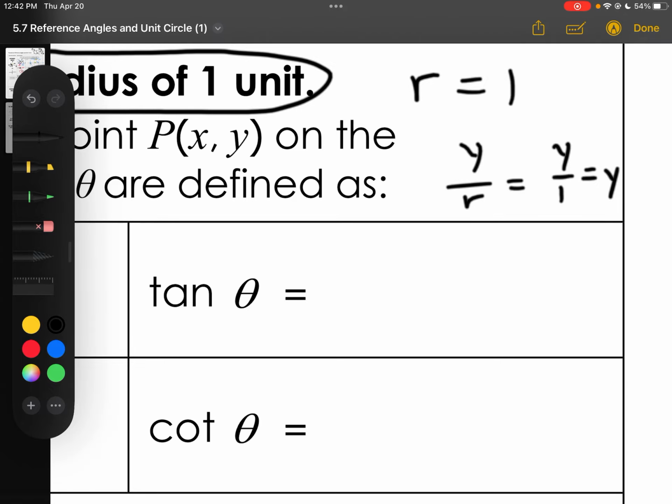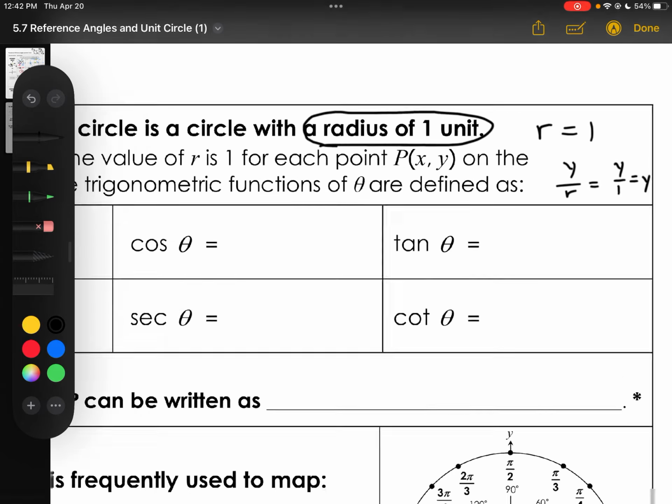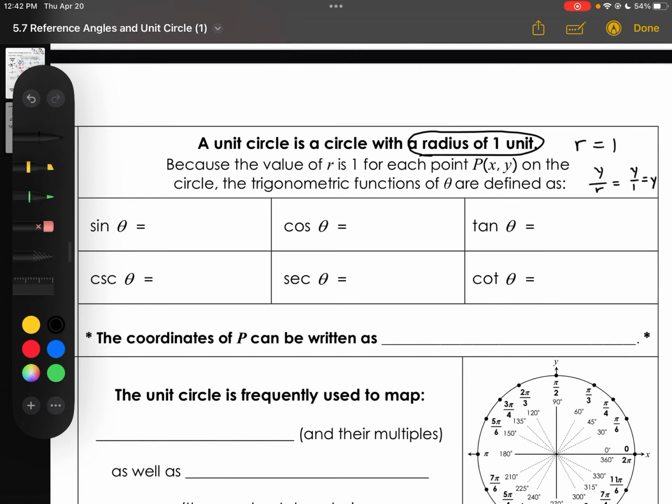So anywhere that there's an r, it's going to go away and be replaced by just 1. For example, sine on the unit circle is just the y value. Cosine, instead of x over r, is just the x value. And tangent is unchanged, it's still y over x. For the bottom, it's just everything upside down. So instead of y on top, it's 1 over y, 1 over x, and then x over y.